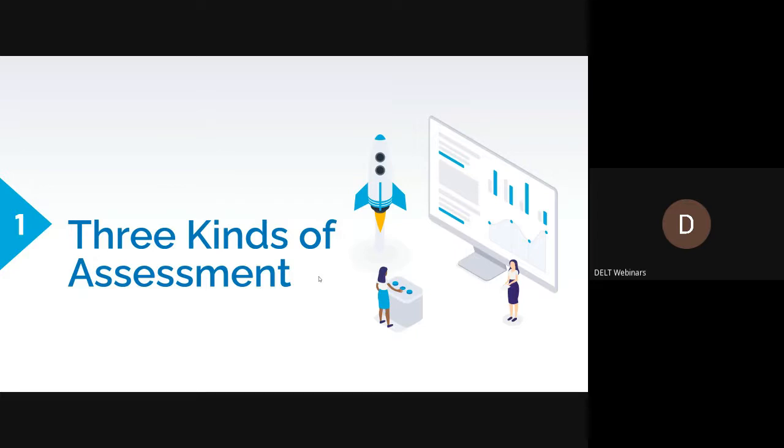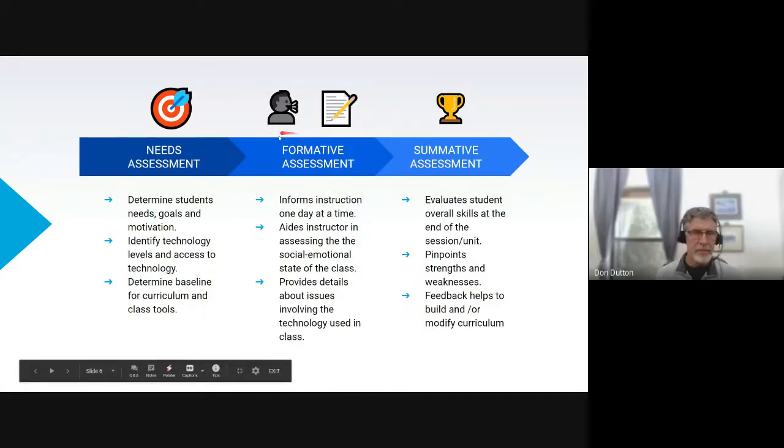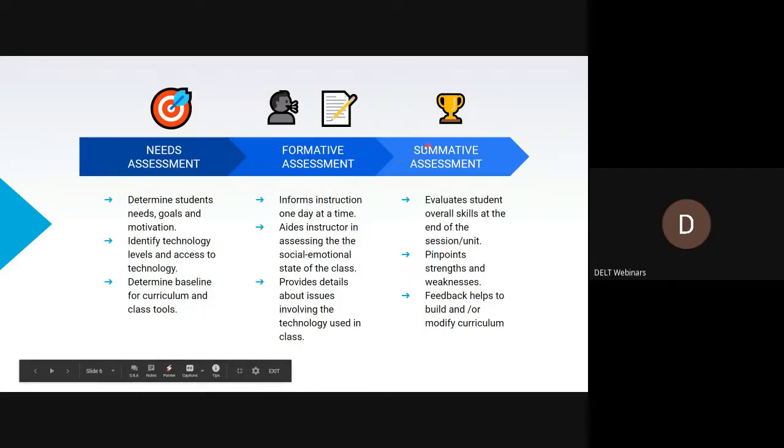So today we are going to talk about three kinds of assessment. I want you to look at this diagram. And today we are going to focus on these three. We have needs assessment in the beginning. Then we talk about formative assessment and summative assessment. So as you can read each of these and take a minute to read, those are some basic goals or outcomes that we obtain when we use these kinds of assessments.